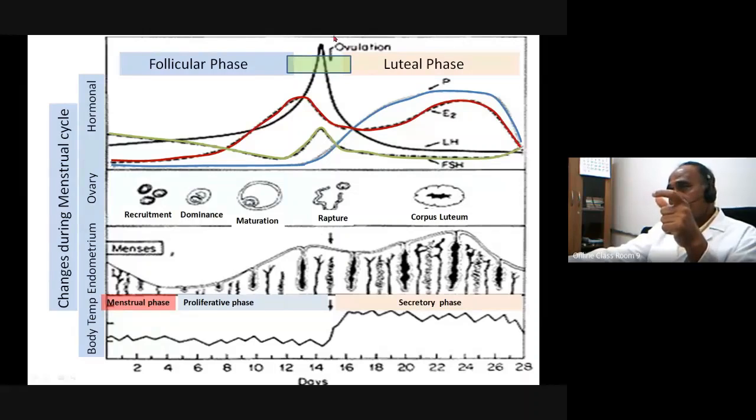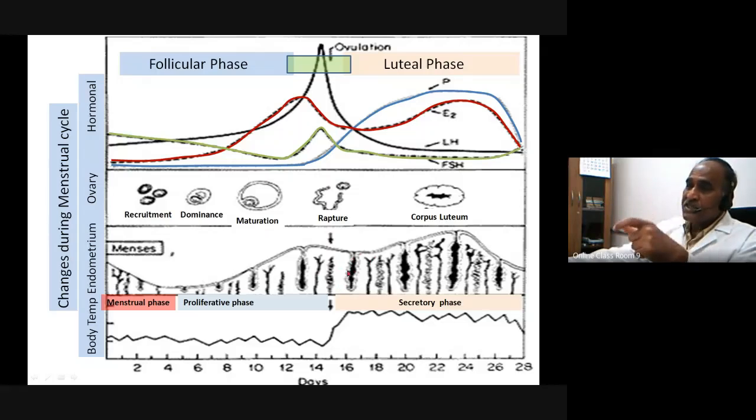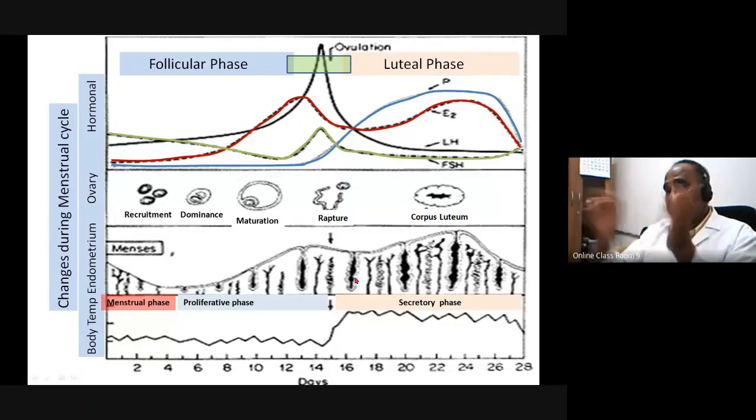Now what happens after ovulation, because there is a change in the hormonal profile, the progesterone is coming. This progesterone adds a secretion to these glands, and because of the secretion they become coiled up and edematous. A lot of secretion is there, and you can see these secretions getting accumulated here.